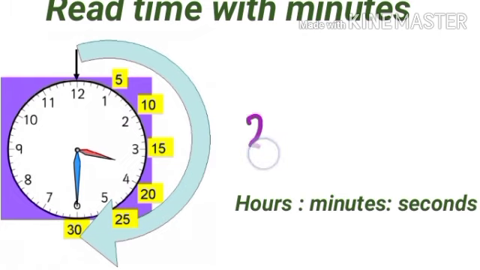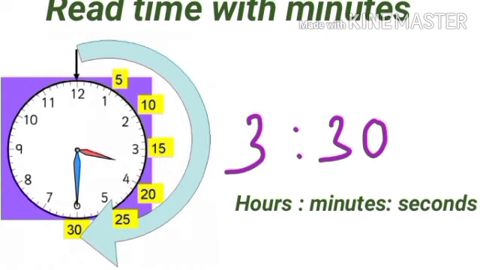It is 3 hours and 30 minutes. So this is the way to write it. Seconds, if you know, you can write, otherwise you can leave it. But this is compulsory. You have to say the hours and minutes properly.